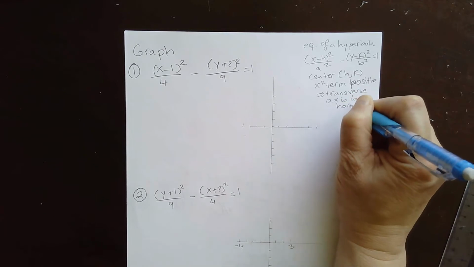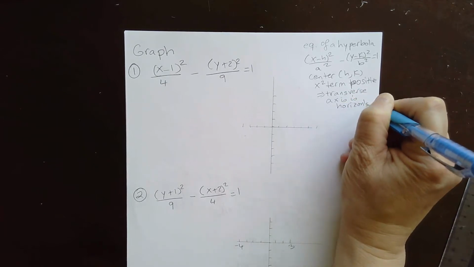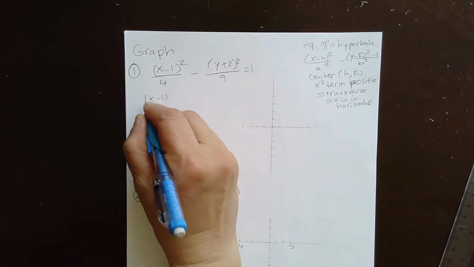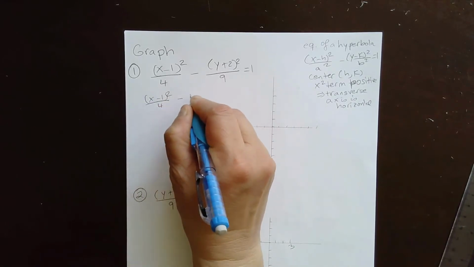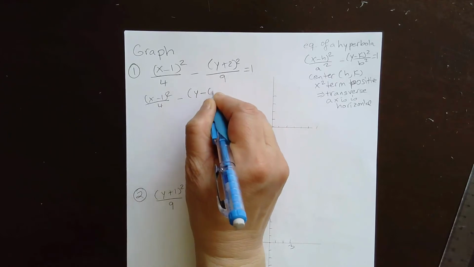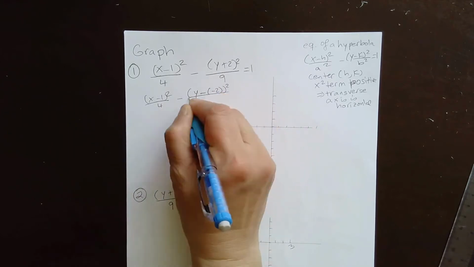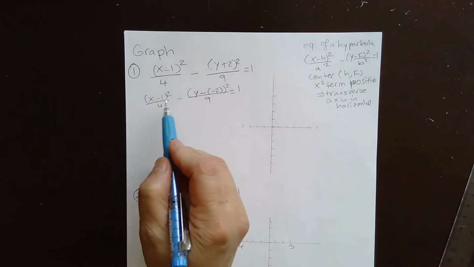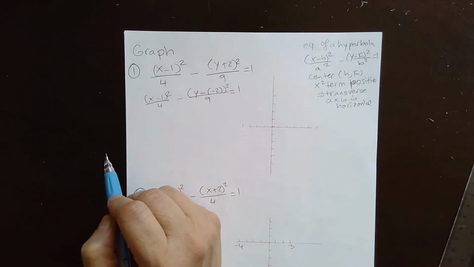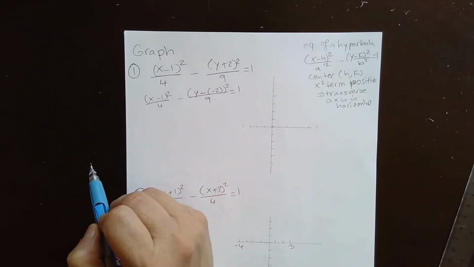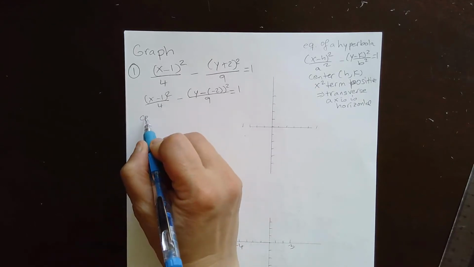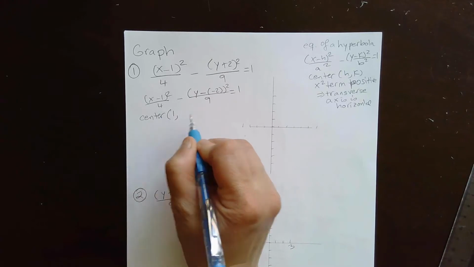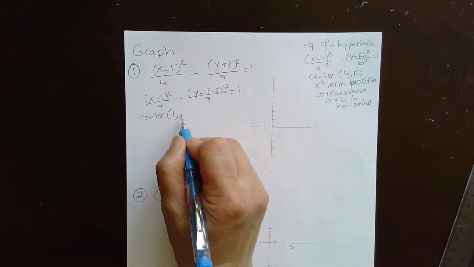Okay, so let's see. Rewriting this, we have (x - 1)² over 4 minus (y - (-2))² over 9 equals 1. Again, the x² term is positive, so the transverse axis is horizontal. The center is (h, k), h is 1, k in this case is negative 2.